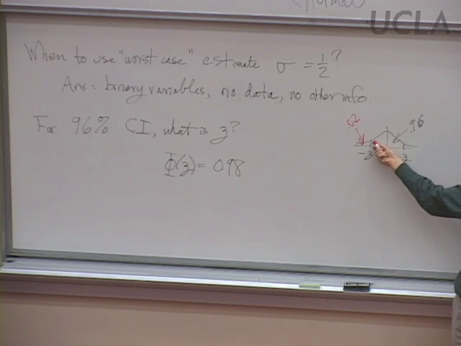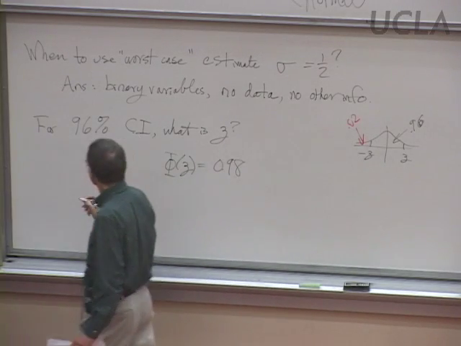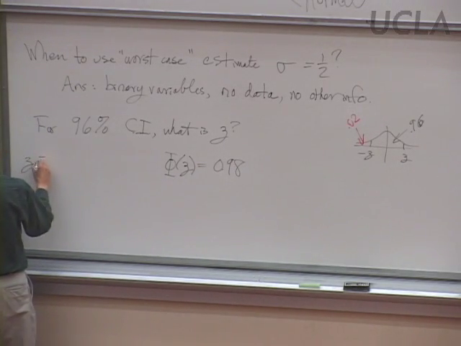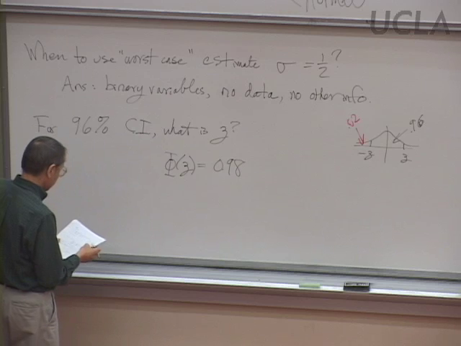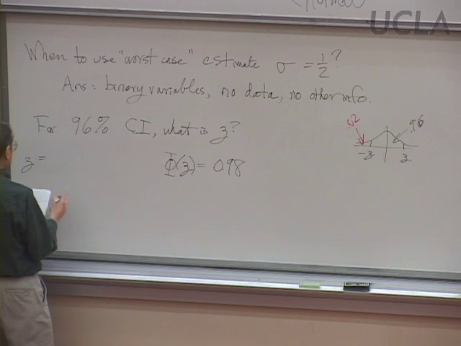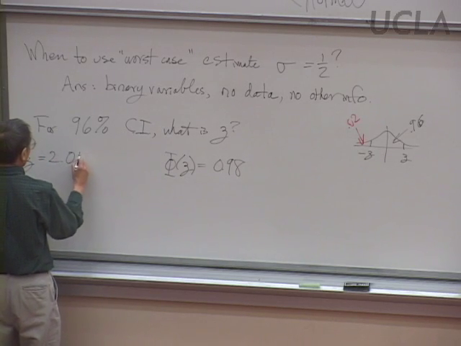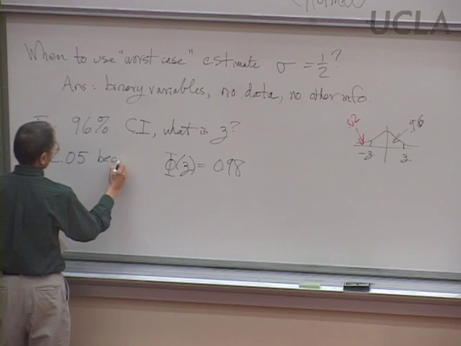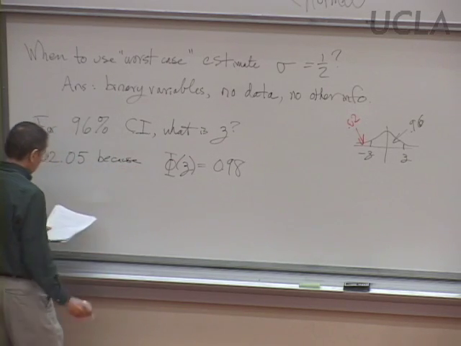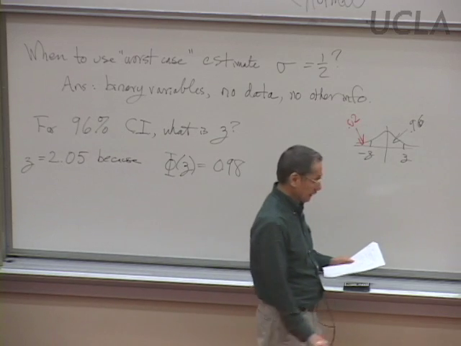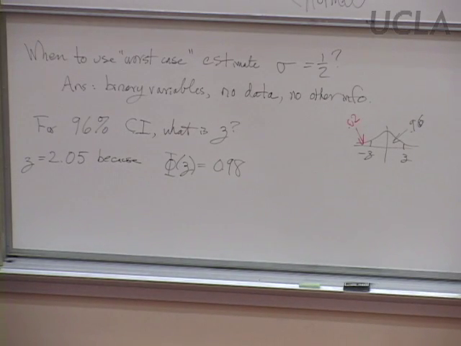If the middle has area 96%, the two tails have the other 4% and split between them. And our table says to use 2.05 or a little bit more than that, but 2 decimal places get 2.05.